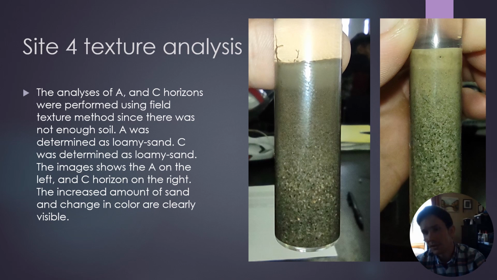And you can see in the test tube on the left is our A horizon, on the right is our C horizon. Probably fair to say that there's more sand, or at least coarser sand, on the right side in the C horizon, which is to be expected, which is sandstone with probably some clay in between.